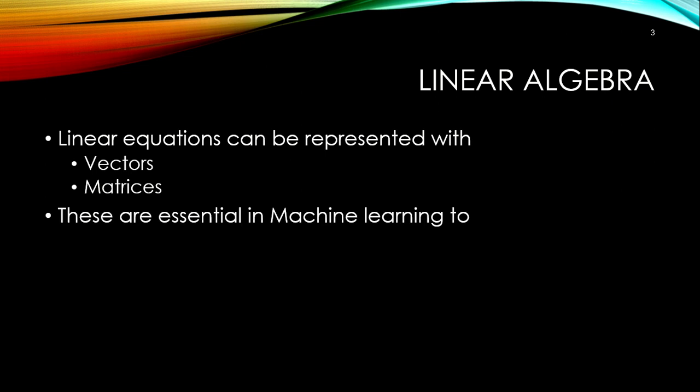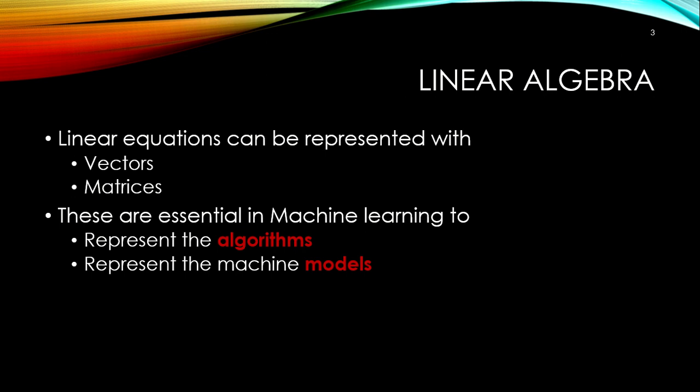And these are essential to machine learning. Both the vector notations and the matrix notations are very relevant in the context of machine learning. In order to represent the machine learning algorithms or the machine learning models, we are using linear equations. They are in the form of vectors or in the form of matrices.